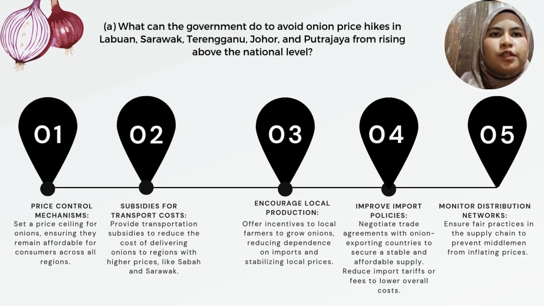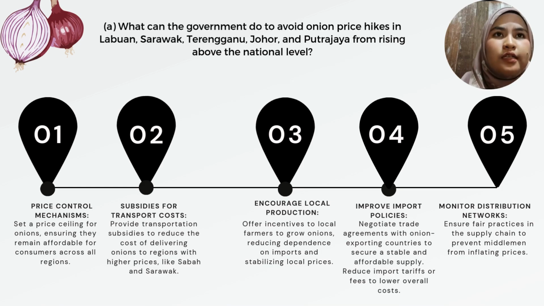The government can provide transportation subsidies to reduce the cost of delivering onions to regions with higher prices like Sabah and Sarawak. The third one is to encourage local production. The government can offer incentives to local farmers to grow onions, and this can reduce dependence on imports and stabilize local prices.